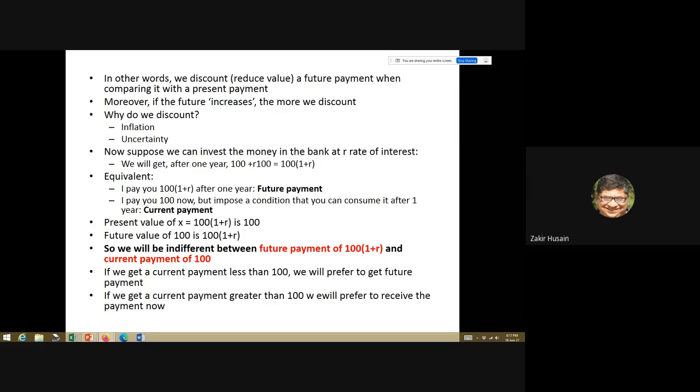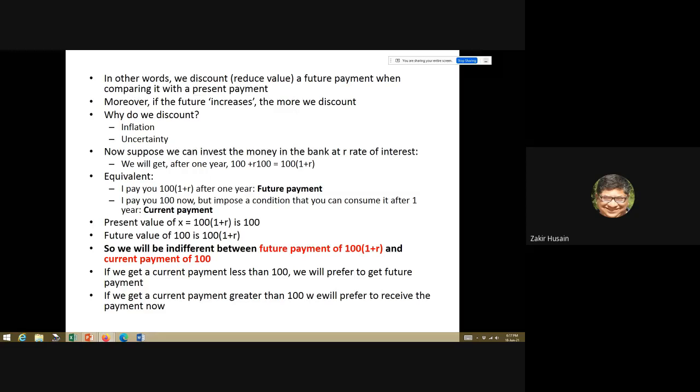Yes, I'm coming to the reasons. Technically, we say we discount the value of the future payment. And as we increase the future, so instead of 1 year, I say that I'll pay the 110 rupees after 2 years, you reduce the value, you discount by a greater margin. Agreed? So as the future increases, the more and more you discount.